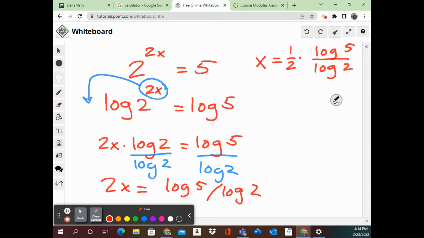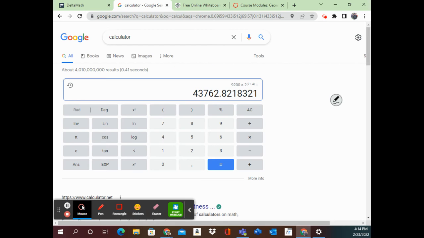How would I type that into my calculator? Let's go ahead and go to our calculator and clear it out. I would type in log 5 divided by log 2, equals, and then multiply that by 0.5, and I'll get 1.16.